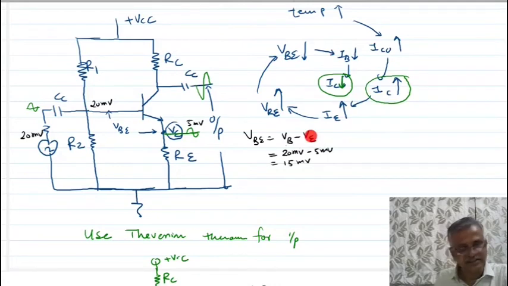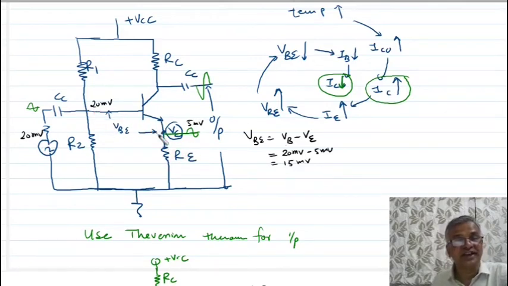Base voltage minus emitter voltage. The base voltage is 20, the emitter voltage is 5, so this is 15. I am talking for AC, remember. So your AC input voltage is 15 instead of 20. Actually, you have given 20. But due to this voltage drop across the emitter resistor, input voltage decreases.